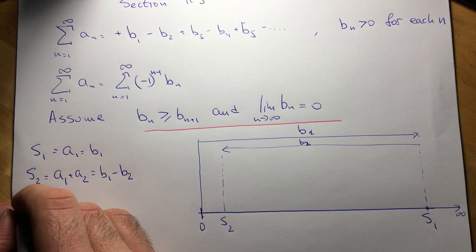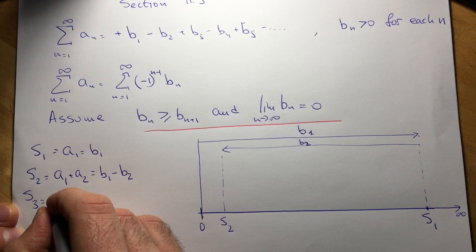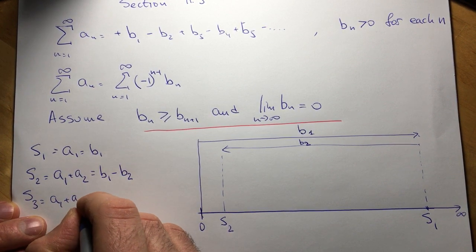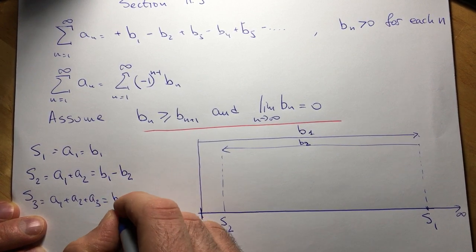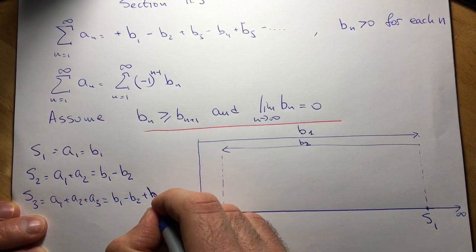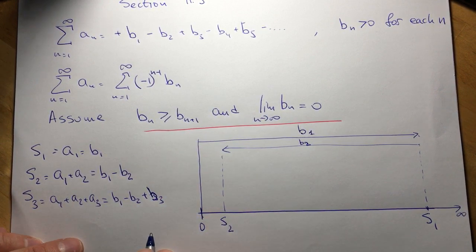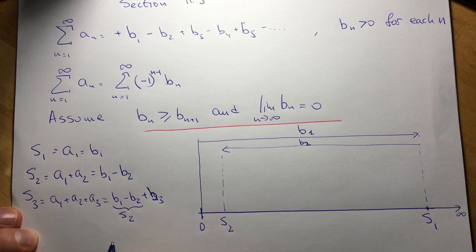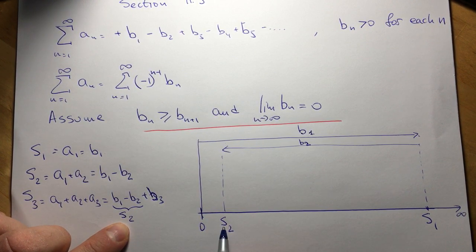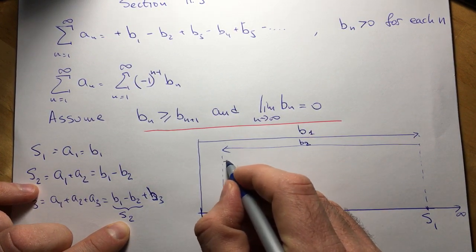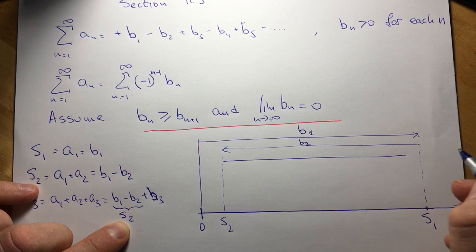How much is the third partial sum? s3 is equal to a1 plus a2 plus a3, or that's b1 minus b2 plus b3. Now this here is nothing else but s2, so s3 is s2 plus some positive constant b3. That means I move in this direction, right here.